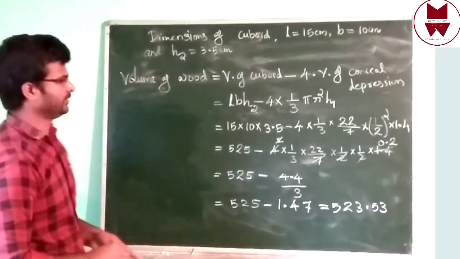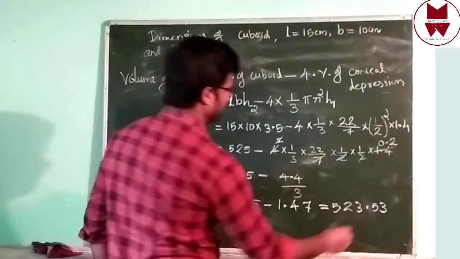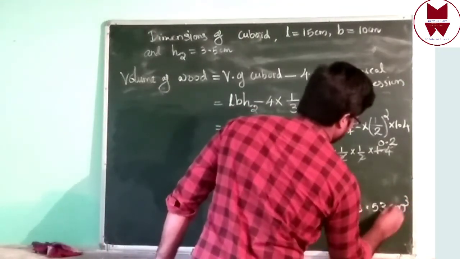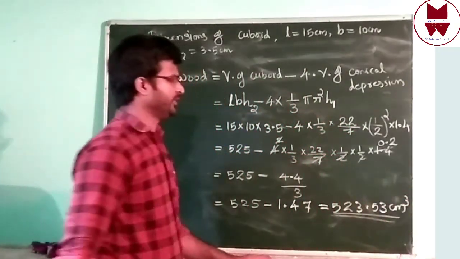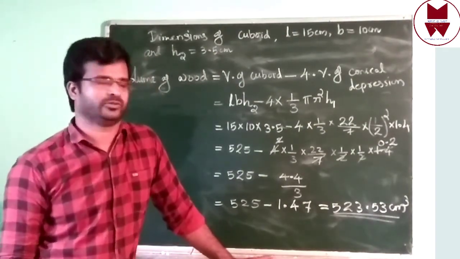So this is our volume, unit is centimeter cube. 523.53 centimeter cube. That is our answer.